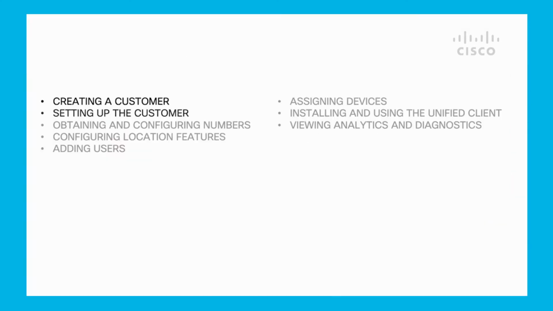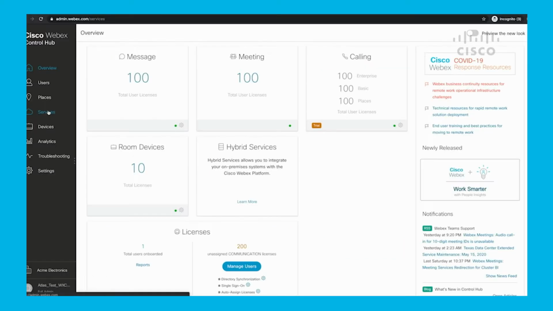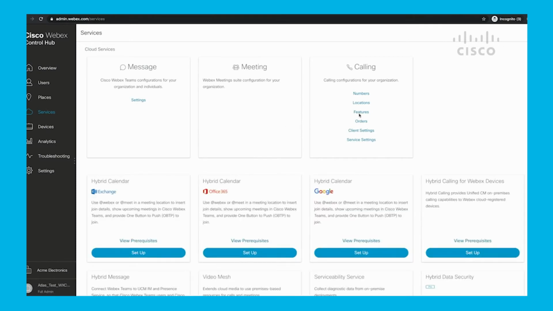Now that I'm set up with my initial location, I'm ready to obtain and configure numbers. While Acme Electronics can use extension-only dialing for on-net calling, the numbers portion of Control Hub will allow Acme Electronics to set up a public switch telephone number, or PSTN number. By going to Services, I see all of my Webex services and a specific card for Webex Calling locations.